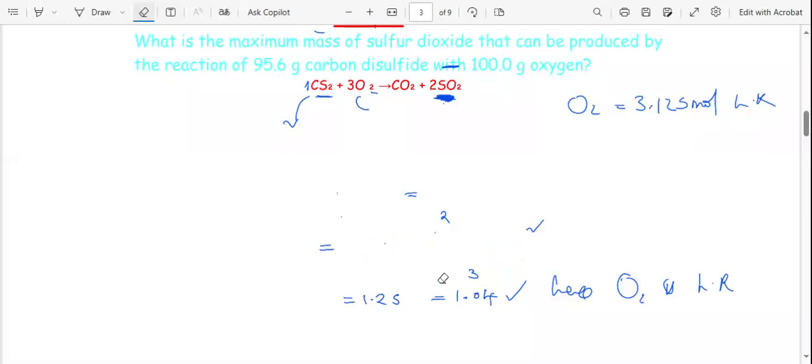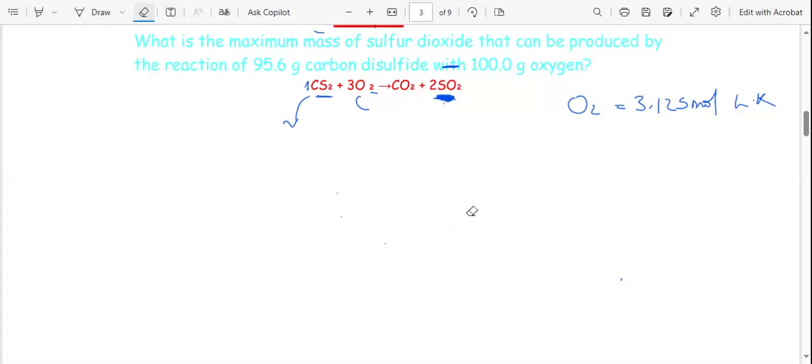It will be very easy. In the next one, I'll just explain and you should try it. Try the next one. All right, they are as simple as that. Limiting reagent, and you'll be able to find the excess mass, everything like that.